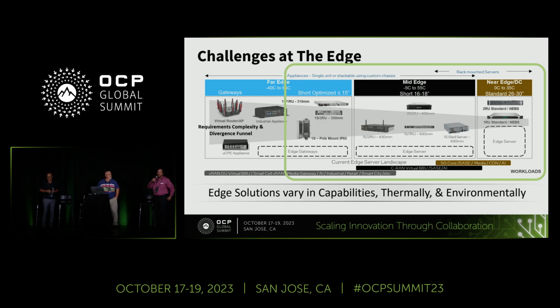Yeah, and if I can add to that, on the far right of this diagram, the near edge, we have DC-MHS that very well covers a good portion of the near edge, but there's still the opportunity to go smaller, and especially as you move further to the left in this diagram, the mid edge and the far edge, that's where there is clearly a need for additional standards for standardizing the HPM, the host processor module.